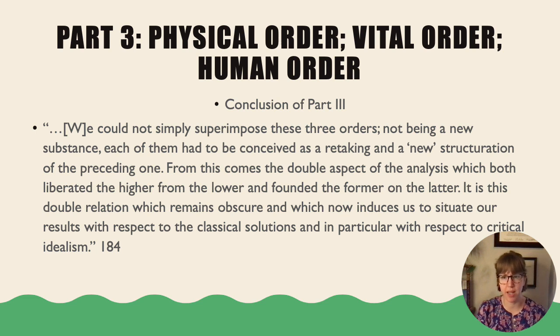What does he mean by that? He says they are not two substances, they are relative. He's going to be using these terms relatively. I'll just say that to give you a taste of what he's going to be going into in part 4, situating his results with respect to the classical solutions and with respect to critical idealism.